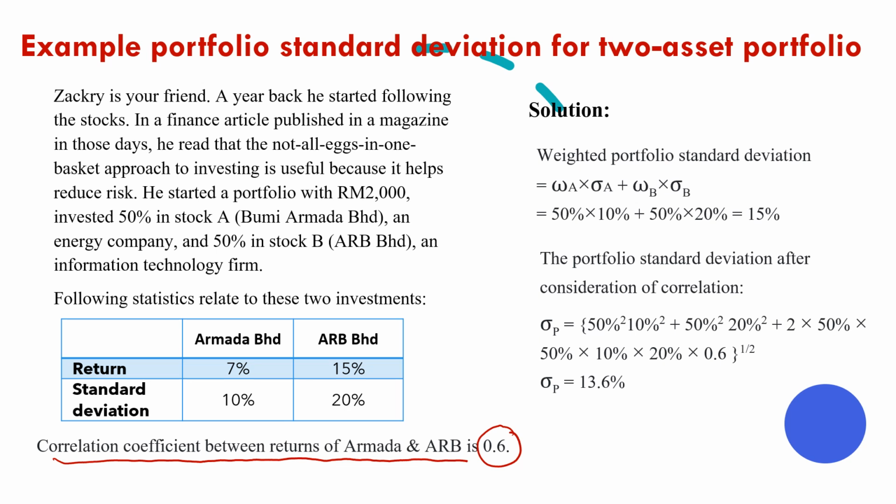You have to find the weighted portfolio standard deviation first, where 50% is equally invested in stock A as well as in stock B. And you have to multiply with the standard deviation of stock A, which is 10%, and also the standard deviation of stock B, 20%. So you get 15%.